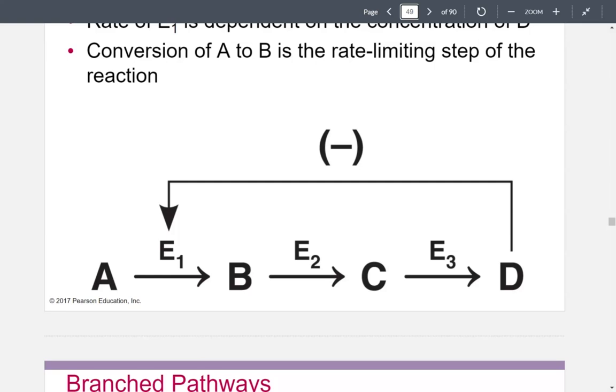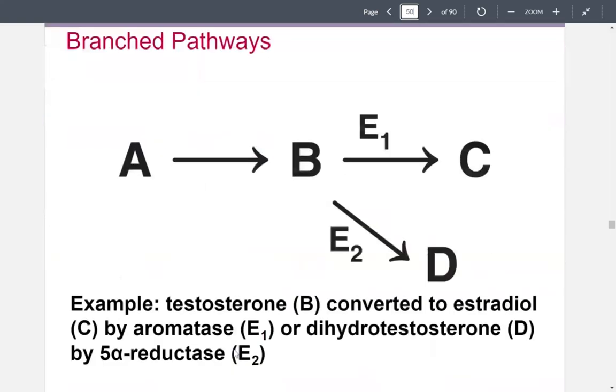If we inhibit enzyme number 1, then our conversion of our substrate A into product D can't take place. So as D gets depleted, then enzyme 1 would become available again, and we can start that process. So hopefully that is making sense.